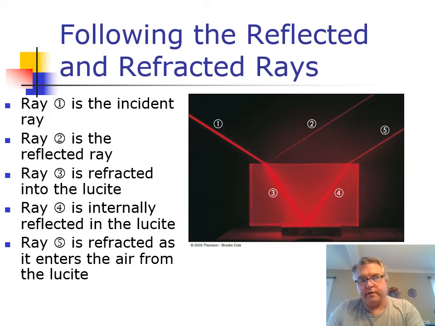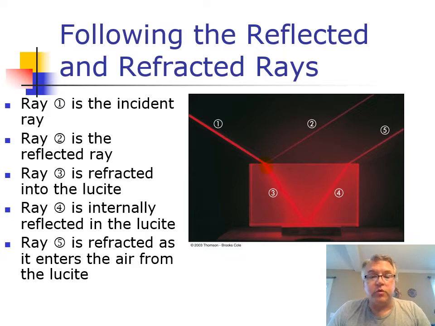Let me just try a different color here. Let's try yellow. All right, right here, that doesn't work either. Well, you guys can see where that is. All right, when the incident ray reaches that boundary between the lucite block, part of that incident ray is going to be reflected back into the air, which is what the ray that is marked number 2 indicates.